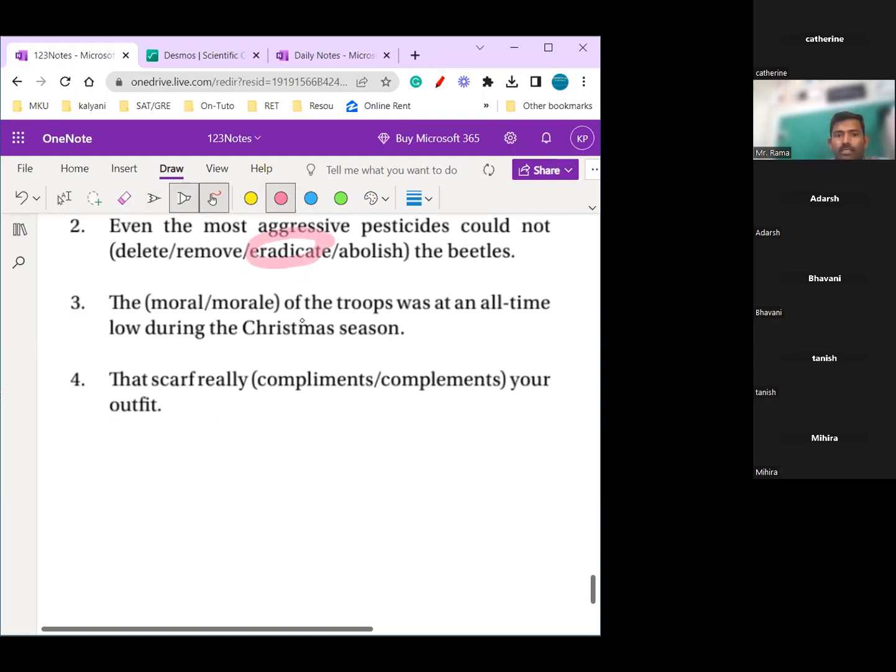Next, number 3. Tanish, can you please read number 3? The morale of the troops was at an all-time low during the Christmas season. Which one is it, moral or morale? Which one do you think? Okay, very good. This is one of the reasons we need to read those meanings carefully.